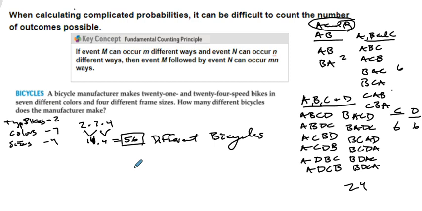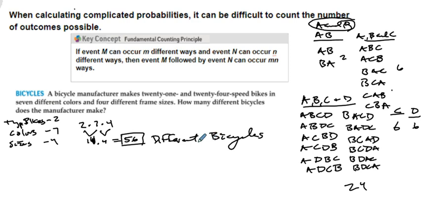How many different combinations can you wear? It's just a matter of 2 times 3 times 4, so there are 24 different combinations of what you can wear. These are kind of fun and interesting. What's nice about them is that in smaller doses, you can check yourself and see if it worked.